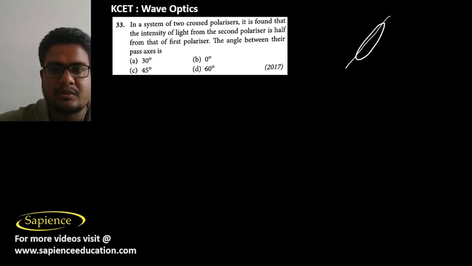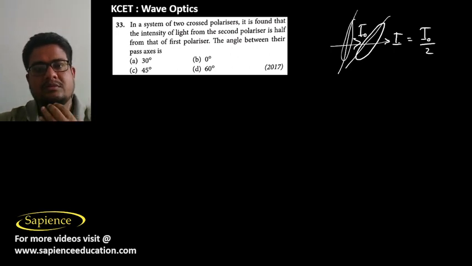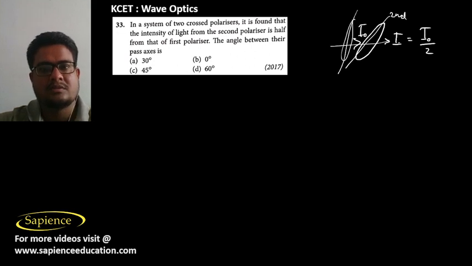The angle between their pass axes is? The intensity is coming from here and the intensity is coming from here. So here the intensity is I naught by 2, it is told, whereas from the second polarizer is half that from the first polarizer.